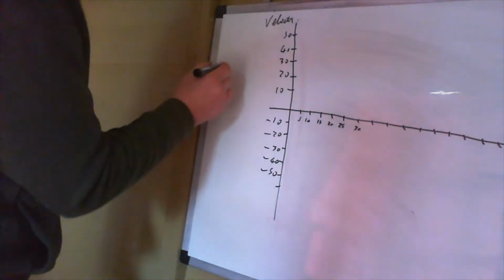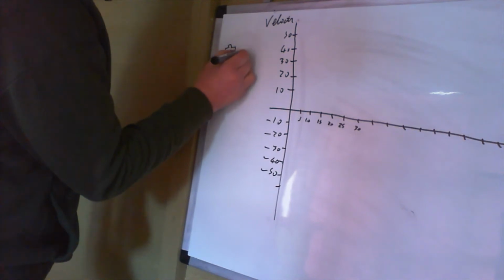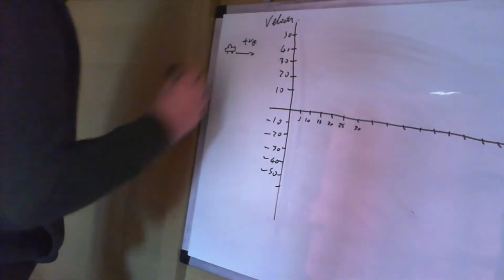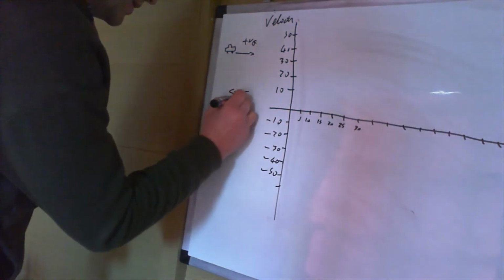So what I'm saying here is, if you're in a wee car and you're going in that direction, we're going to say that's positive. And if you're going in that direction, we're going to say that's negative.